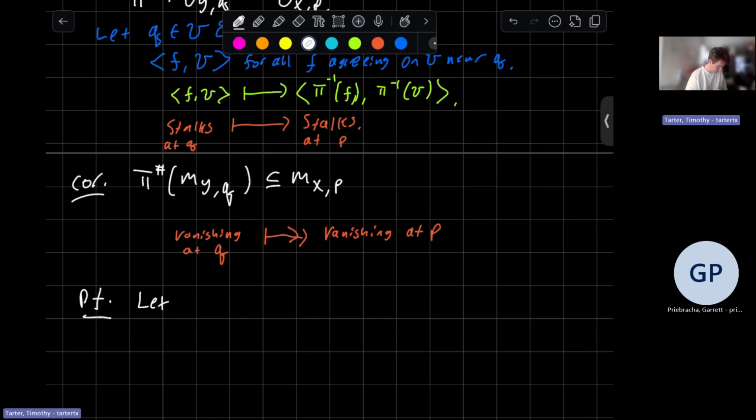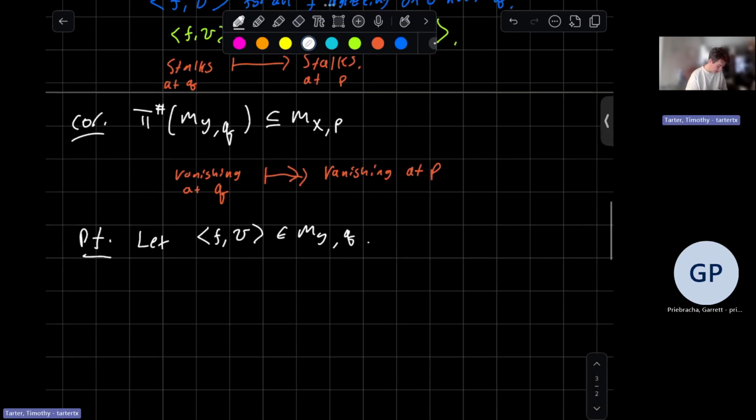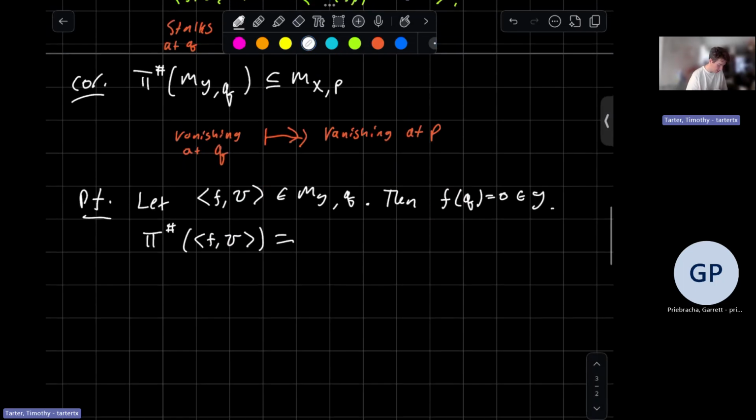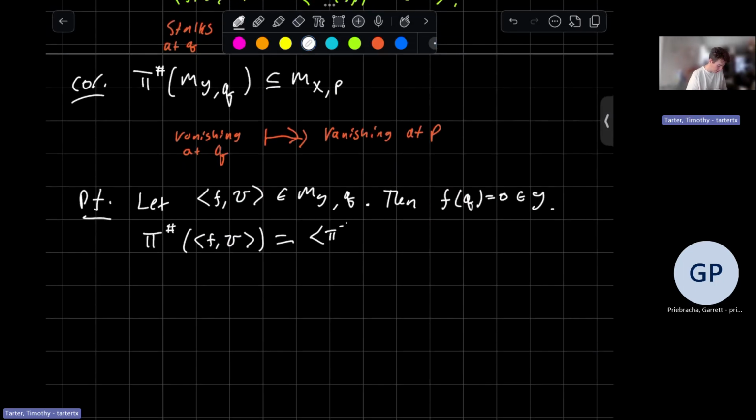So for proof, let (f, u) be in m_{Y,q}. Then f of q is equal to 0 in Y. Pi star of (f, u) is equal to (pi inverse of f, pi inverse of u).